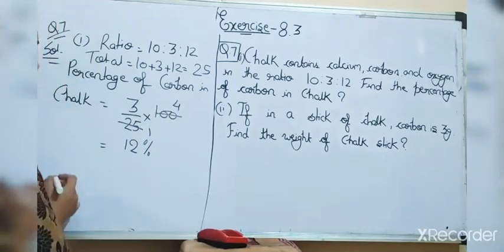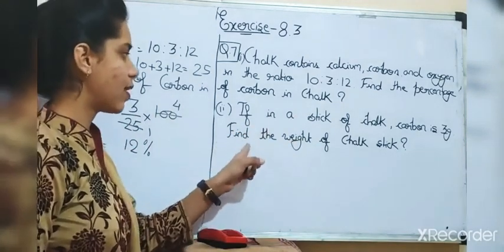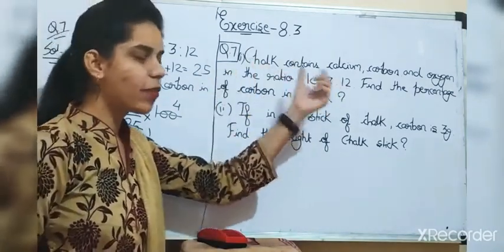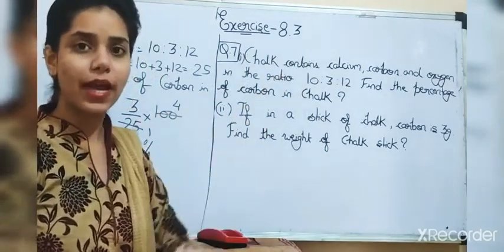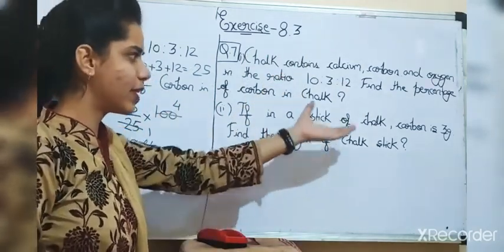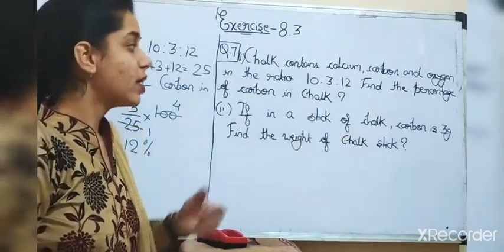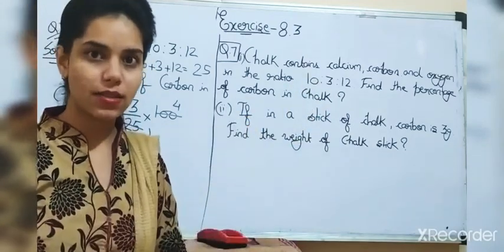Understood? Now second part is, if in a stick of chalk carbon is 3 gram, find the weight of chalk stick. Anything which is given in the form of a ratio, and we have to find out the number or amount in gram, for that we consider the ratio in the form of X. Okay.